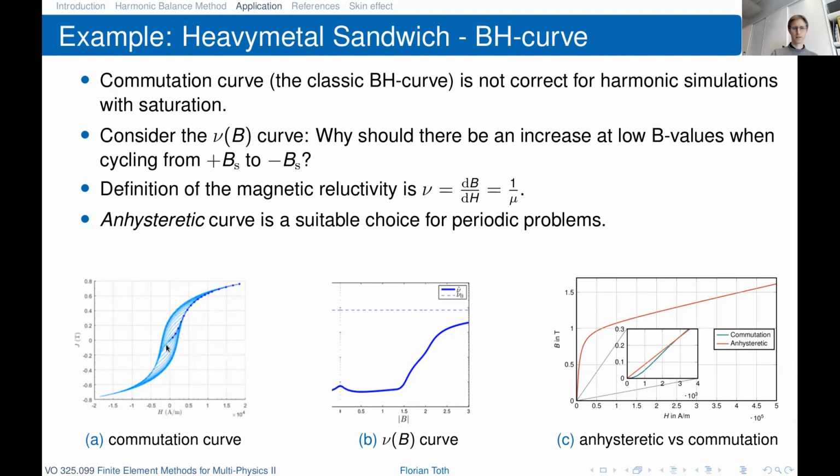So if you look at the periodic solution, the start of this so-called Rayleigh region, you could call it, is actually not arising if you periodically traverse from plus B_S, so from the saturation to the negative saturation of the field. So what you actually need as the description is the so-called unhysteretic curve, which doesn't have this almost zero slope at very small field values.